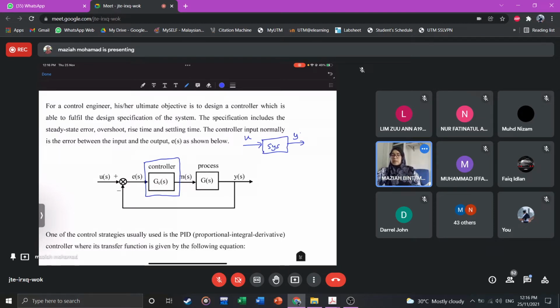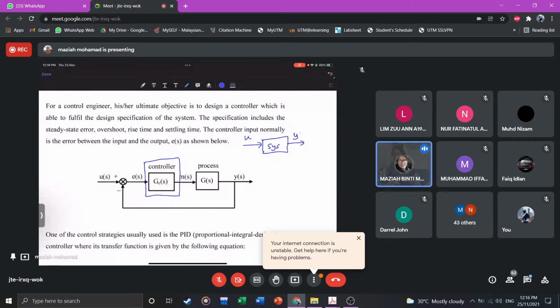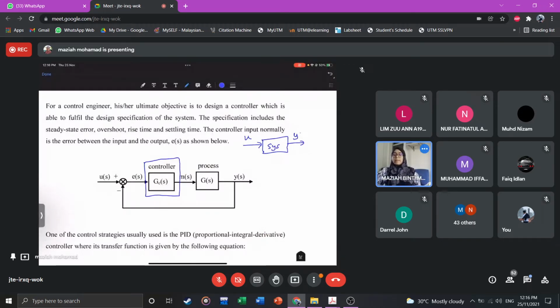All right. Of course, there are many types of controller that we can use. Nowadays AI is popular. You may have heard about artificial intelligence and deep learning. All that are types of controller. You have intelligent controllers, you have neural networks, which are a kind of deep learning controller.